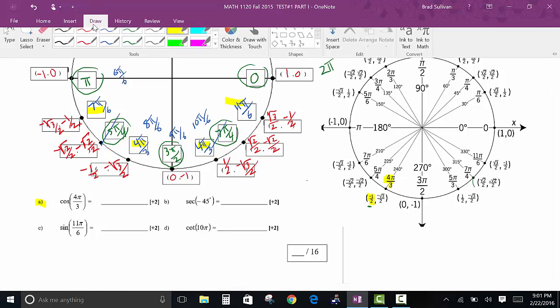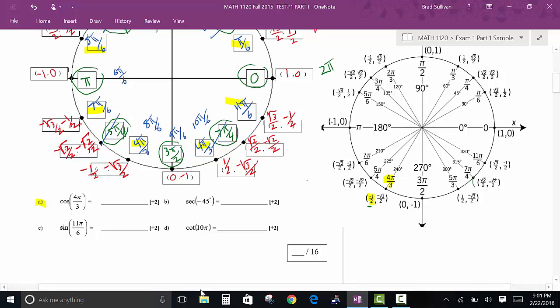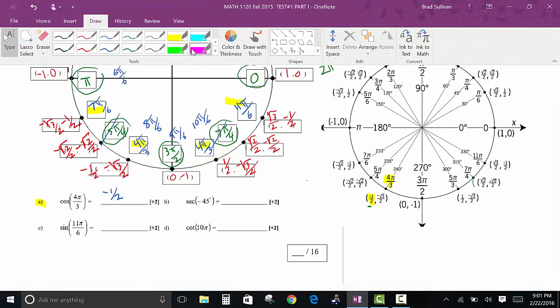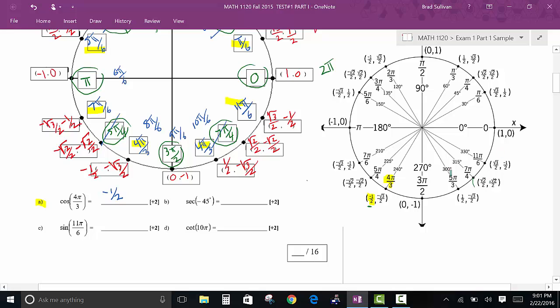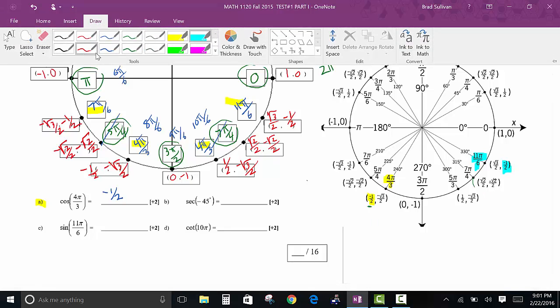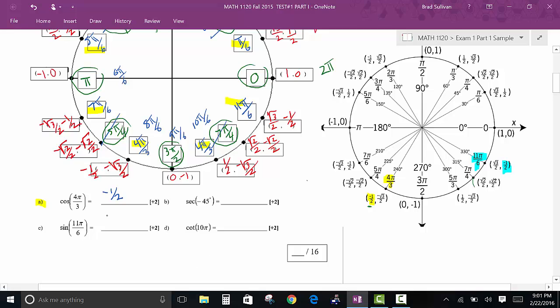So that means the answer to this problem is going to be -1/2. If you're looking for a sine, the sine is going to be 11 pi over 6, find the angle. Now the sine is the y value. So that means the answer to that problem is going to be the y value. So coincidentally, that's just -1/2 also.